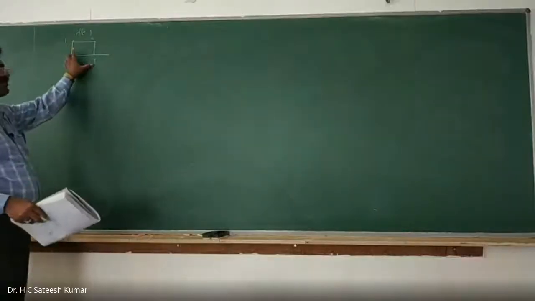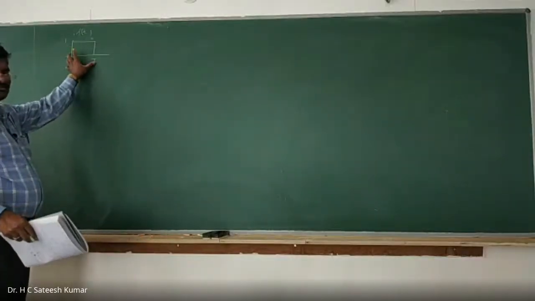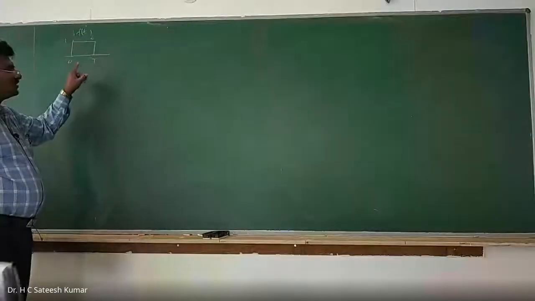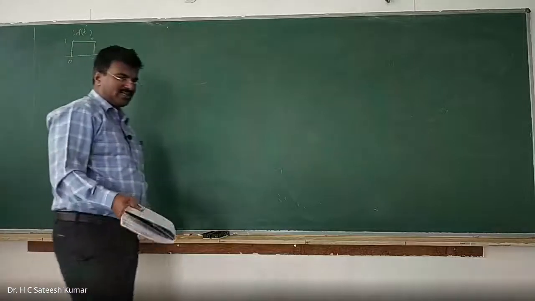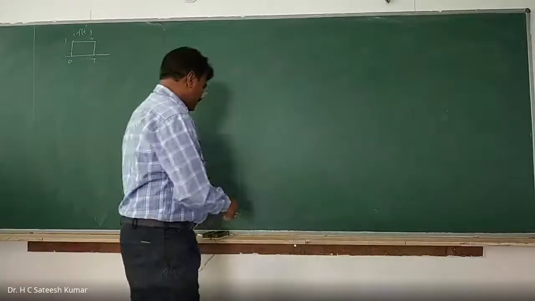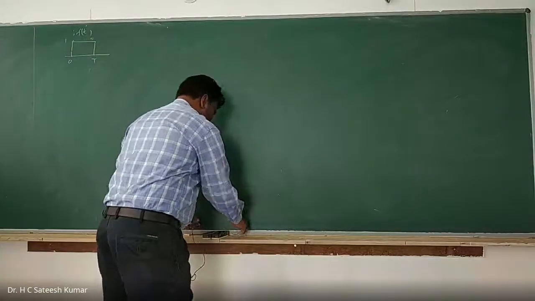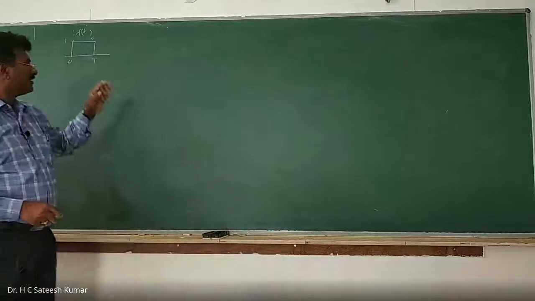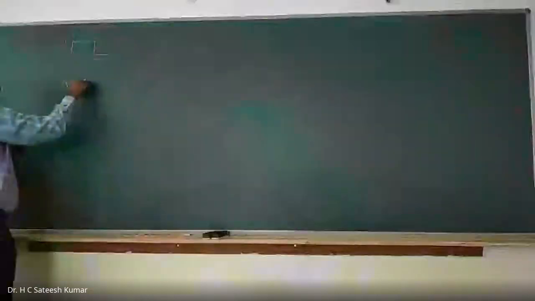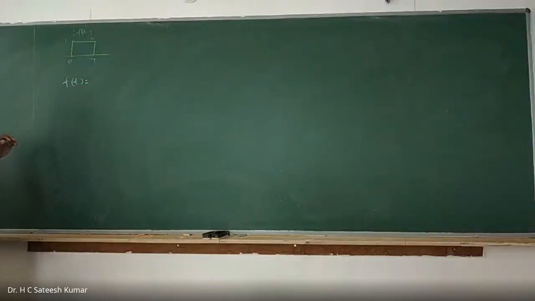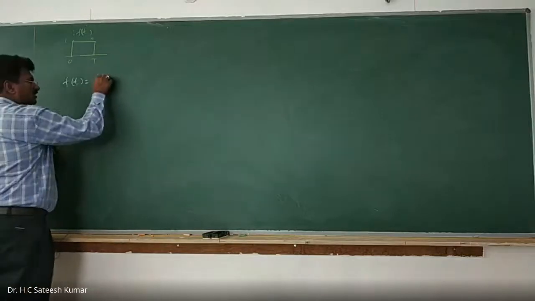You call it as gate function. That means it will allow only this much. I mean, this is like a gate only. So therefore, what is the Laplace transformation of the gate function? First, write f of t in terms of elementary functions. Then it will become very easy. So what you should do? Starting from 0, any function is u of t.